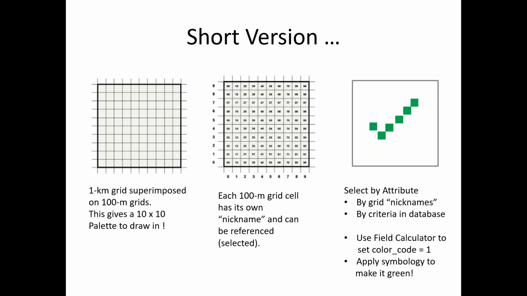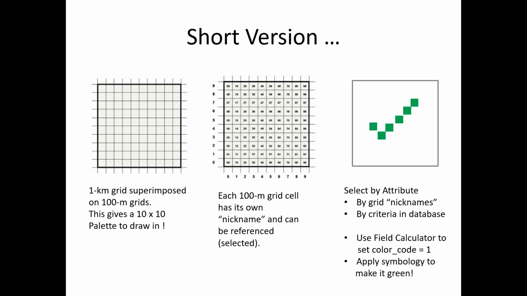So with that, we are going to make a green check on the areas that are good. By good, I mean that you can query, you're doing a select by attribute, and you can say if my value is in the top 50%, select that.